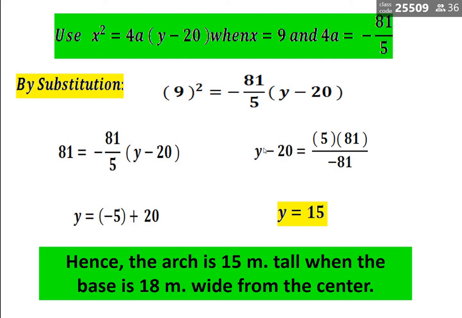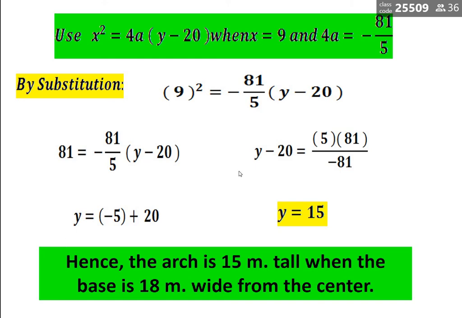So simplify further. We multiply the equation by 5, so we have 5 times 81. Then divide the equation again by negative 81. On the left side we are just left with y minus 20. 81 divided by negative 81 is negative 1, and negative 1 times 5 is negative 5.